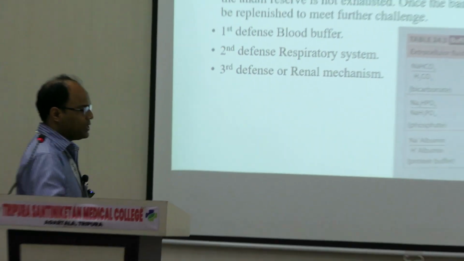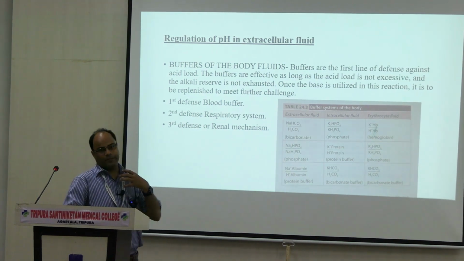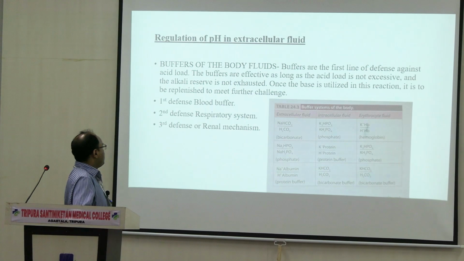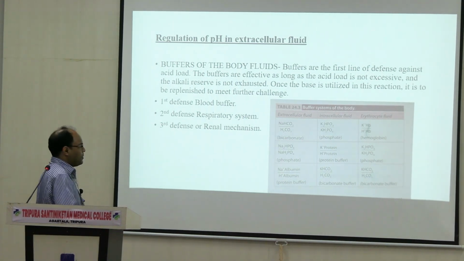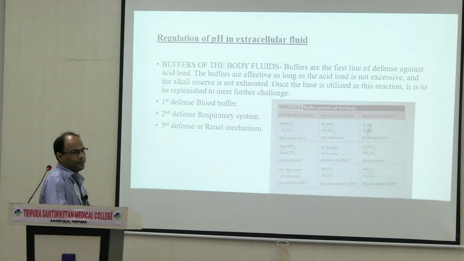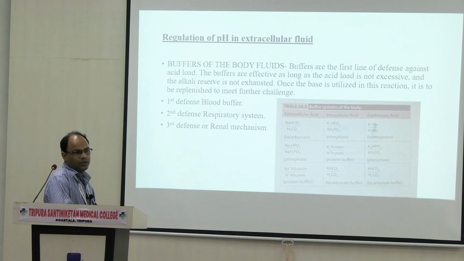And this pH range is maintained by the buffering system in our body. Okay, so the first defense of this buffer system is maintained by blood. Normal blood pH, anyone?